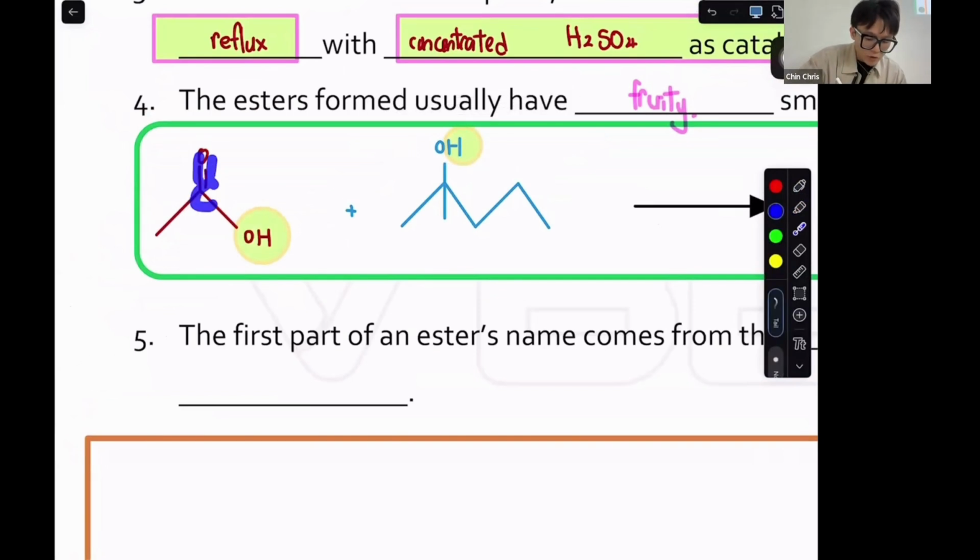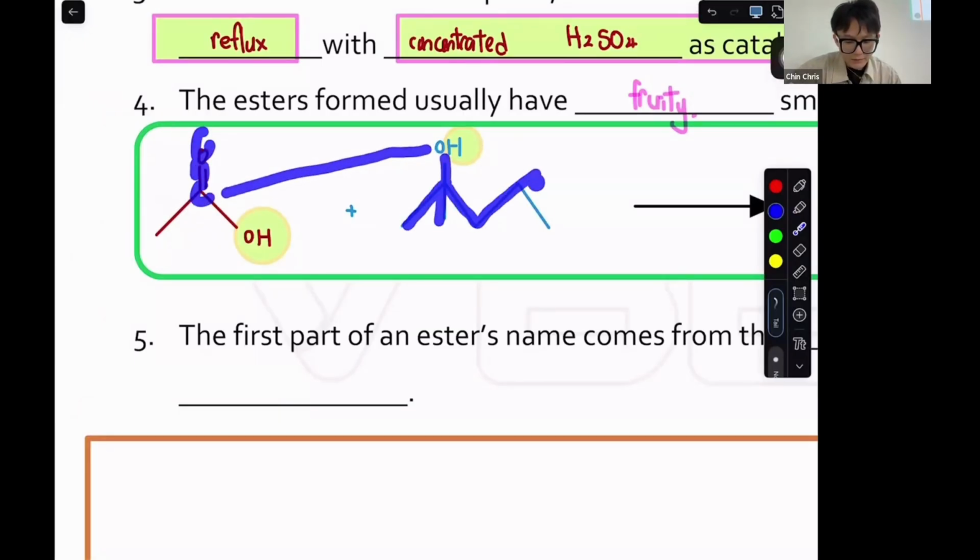One more time, C double bond O, join here, then join with the entire thing. Get me? One more time, C double bond O, join with the entire thing. Alright, guys, can you try to draw it out? Go.